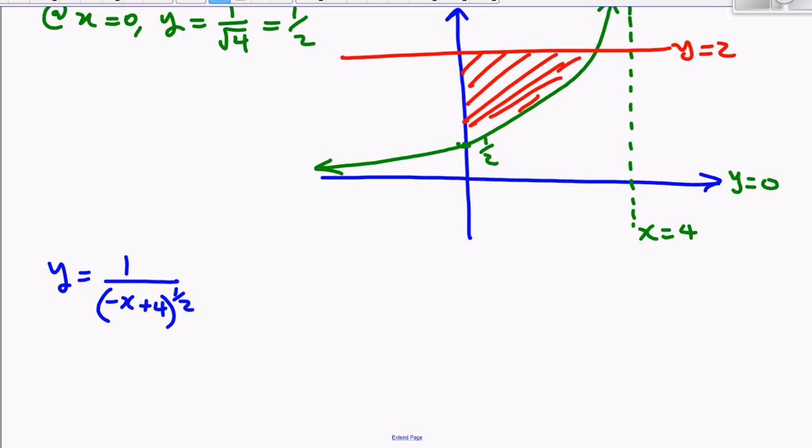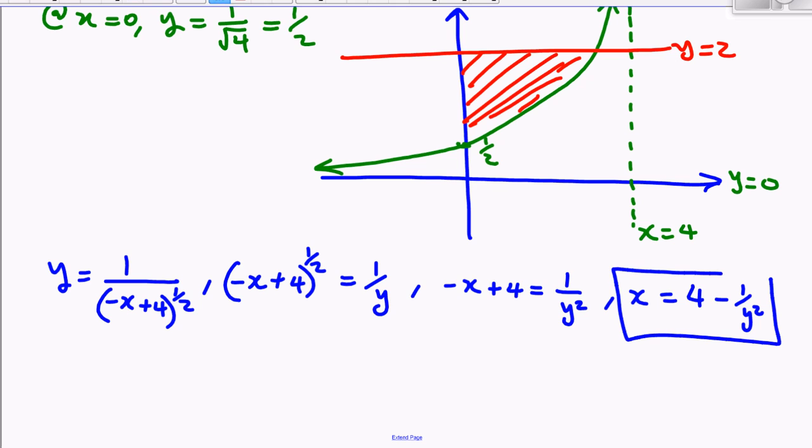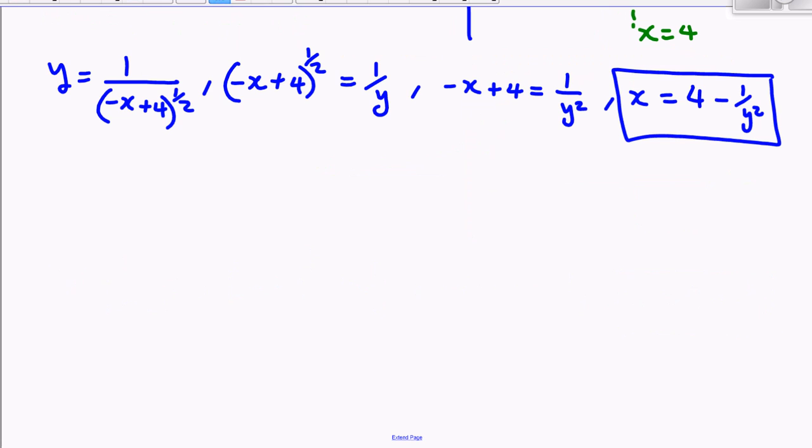Which means negative x plus 4 to the power of a half is equal to 1 over y, which implies that negative x plus 4 will be 1 over y squared, which means that x will be equal to 4 minus 1 over y squared. So we can now move on and start integrating this.